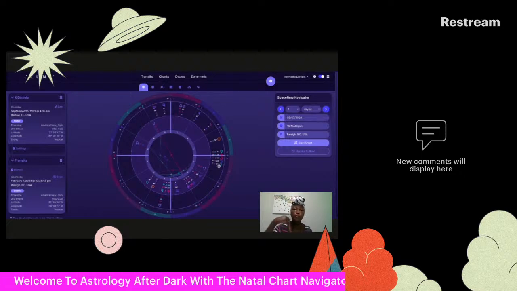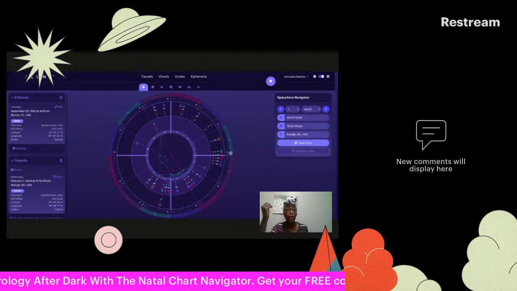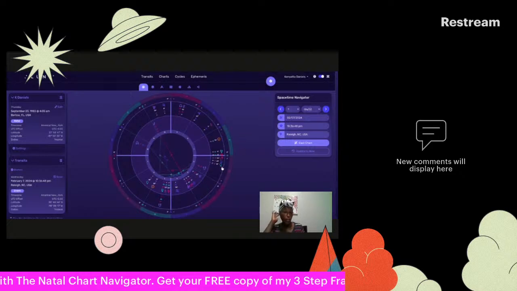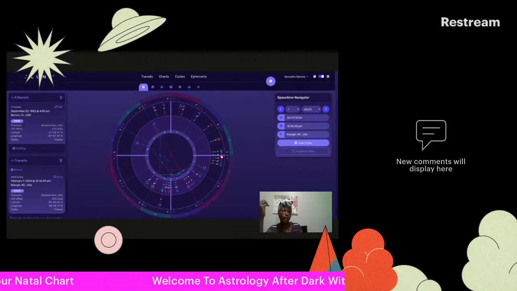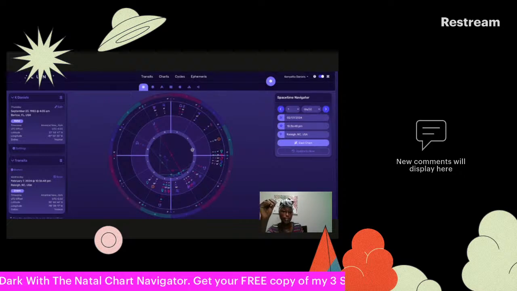Okay. So when it comes to the transits, right, you want to focus on how these energies here are affecting this area of life as they go. Now, if you have planets in this house, it will activate those planets as well.